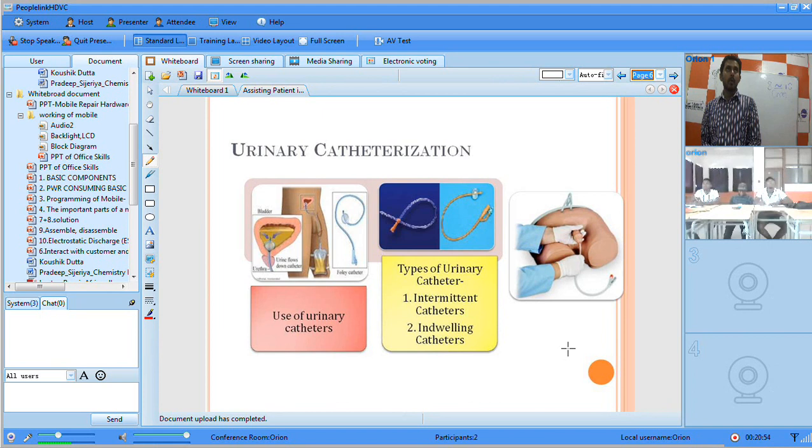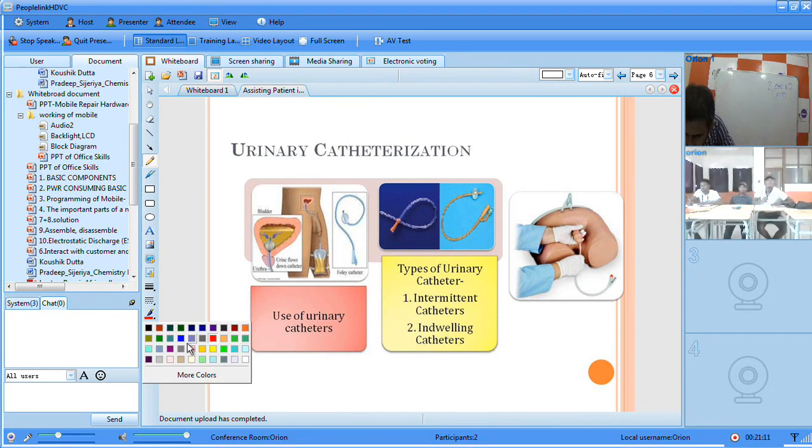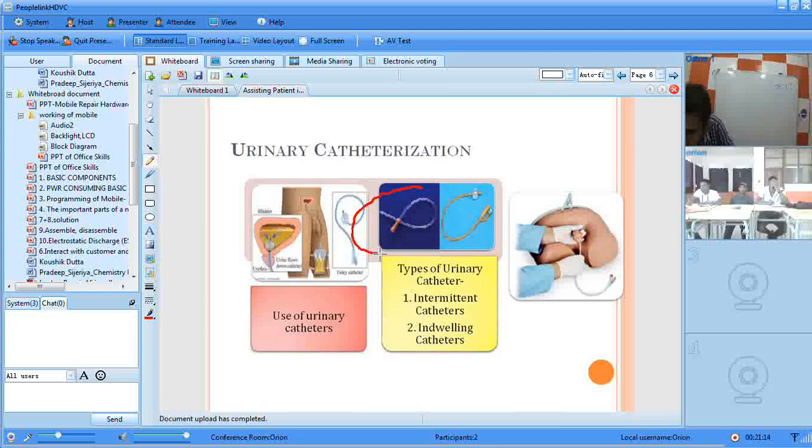For the patient who is unable to move or leave their bed, or the critical patients, for such patients you need to use this kind of catheter, which helps the patient remove their urine from their body without moving or without going to the washroom.